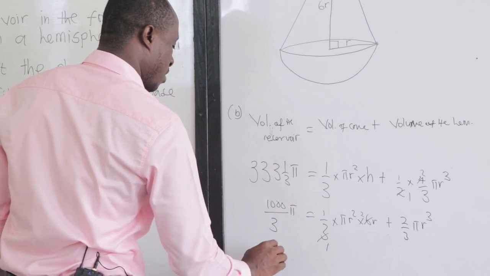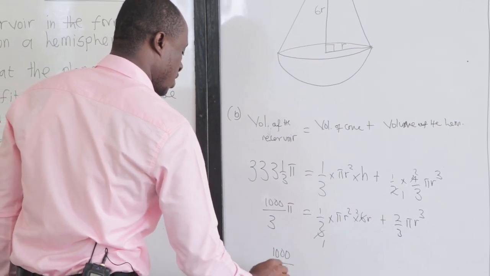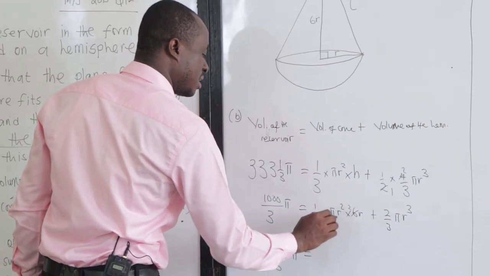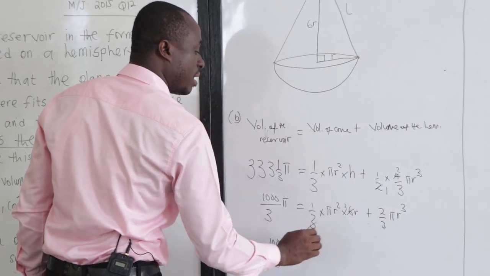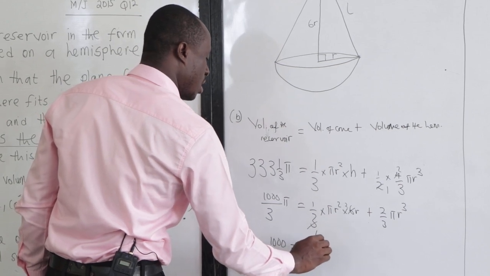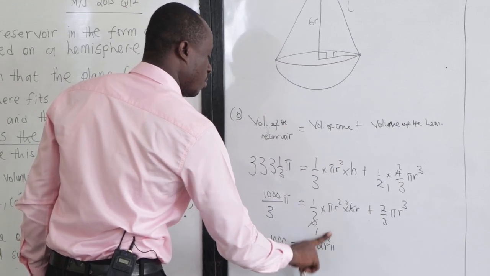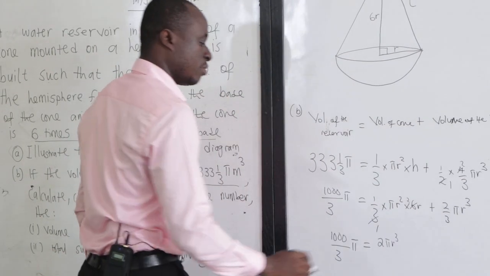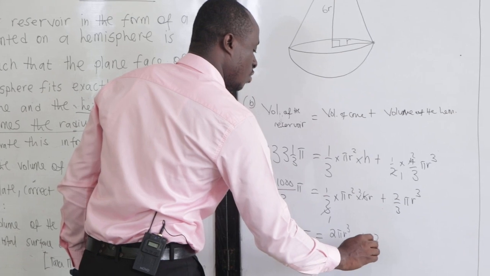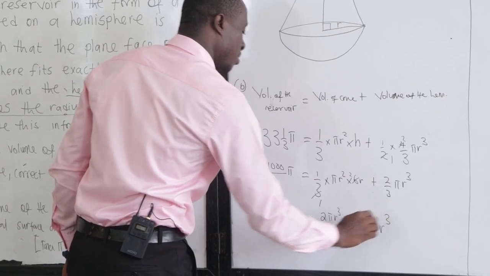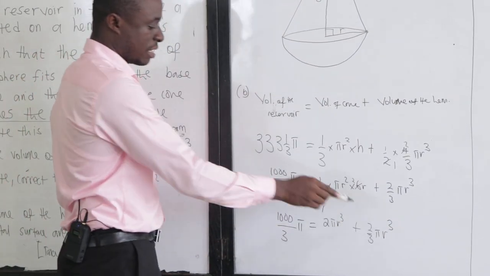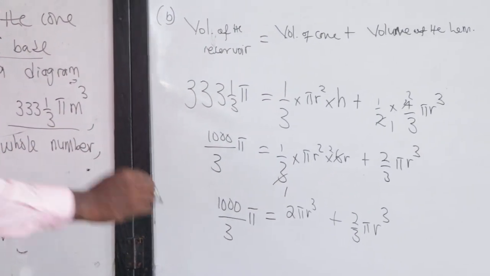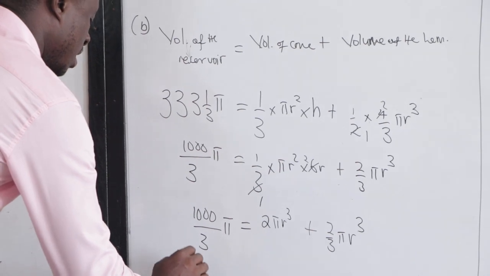So we have 1000/3 pi equal to, now 2 times r squared times r, that is 2 pi r to the power 3, plus 2/3 pi r cubed. We want to find r. Clearly, there's pi here, there's pi here, there's pi there, so we can divide through by pi.